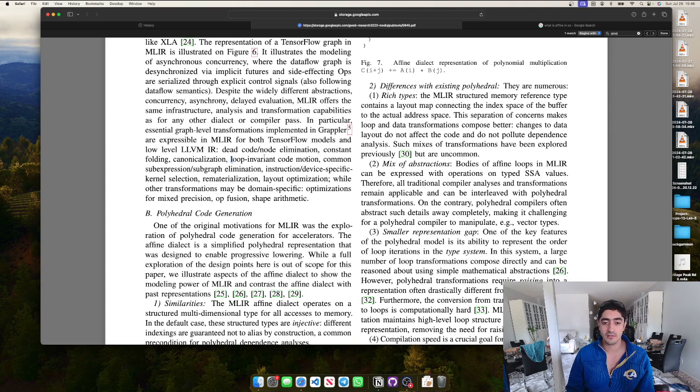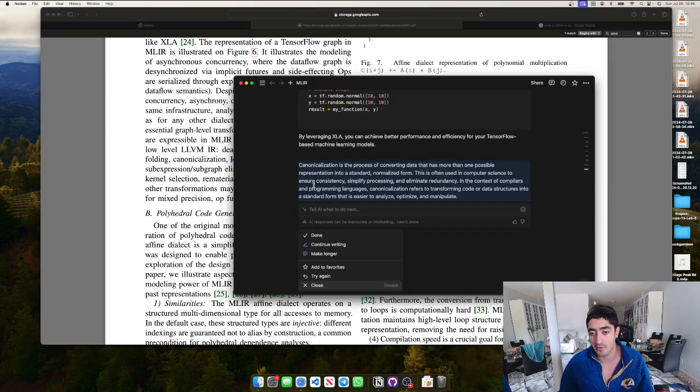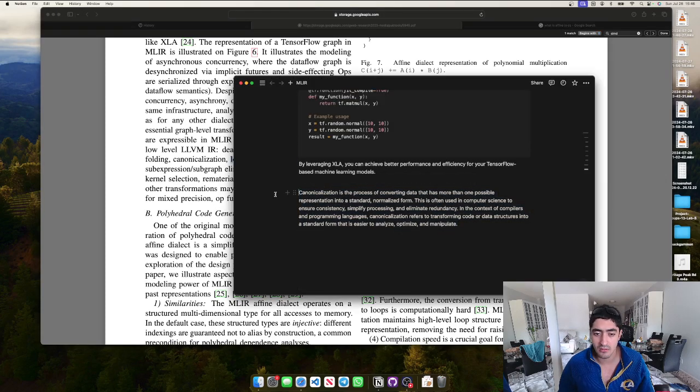Loop invariant code motion, common subexpression, subgraph elimination, instruction/device specific kernel selection, rematerialization, layout optimization, while other transformations may be domain specific optimizations for mixed precision, operation fusion, shape arithmetic. So canonicalization is the process of converting data that has more than one possible representation.